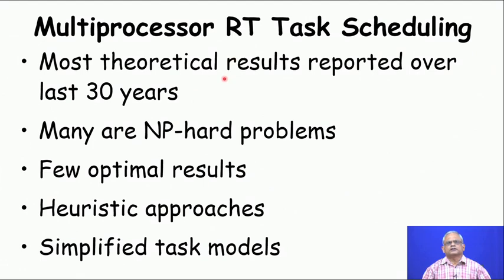Most of the results here have been obtained in the last 30 years, and most of the real time multiprocessor scheduling problems are NP hard problems, and therefore simple optimal solutions do not exist. There are very few optimal results, mostly heuristic approaches are used, and we also use simplified task models.